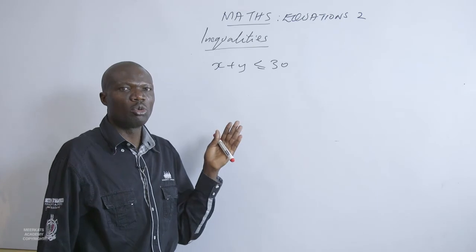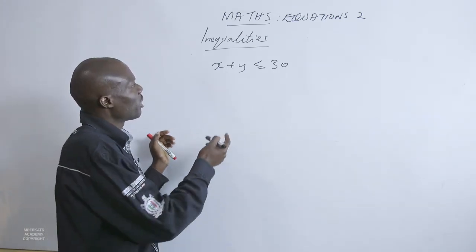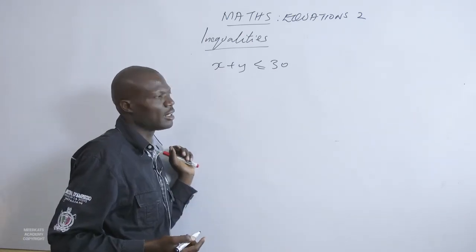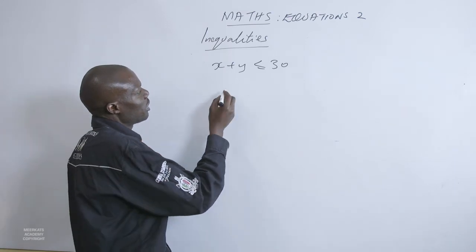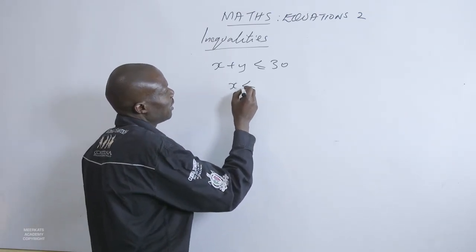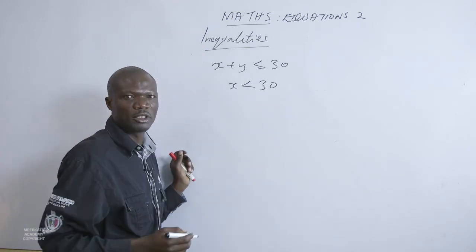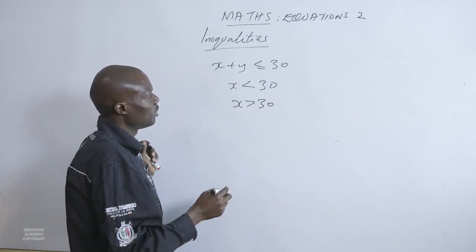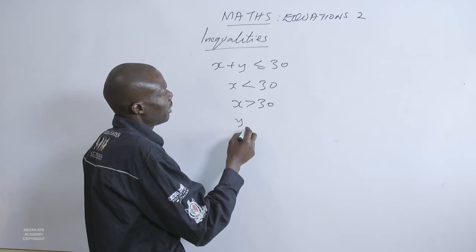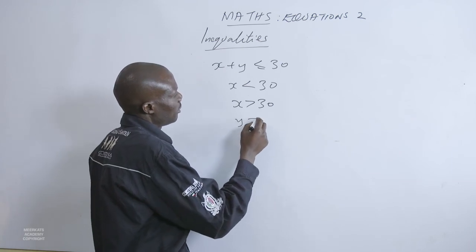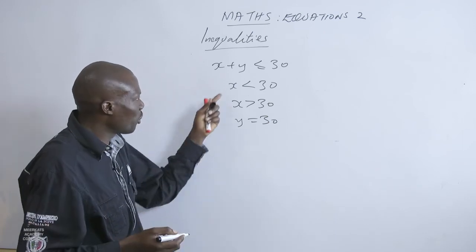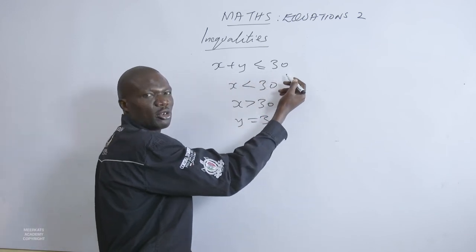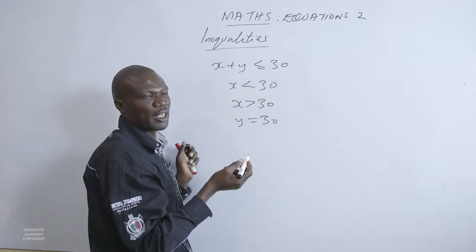In such a case, we can get some statement questions. We can always find out what we are trying to say here. If x plus y is less than or equal to 30, will it be true if somebody gives you a statement and says x is less than 30? Is it true that x is greater than 30? Is it true that y is equal to 30? Let us see which of these statements is true and which one is false. If x plus y is equal to or less than 30, then x must be less than 30 at least.